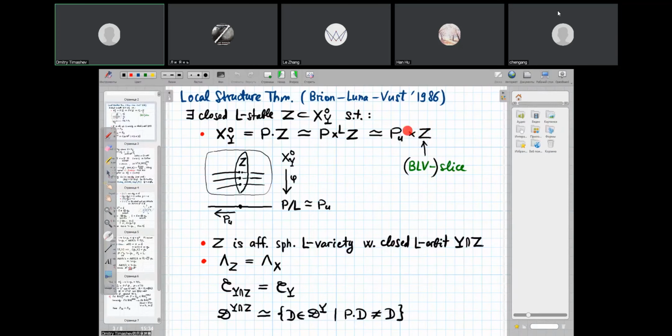And if you have a divisor in here, which is stable under B, B includes PU, then of course this divisor should be of the form PU cross something in here. And the codimension will be preserved, because we take the whole factor here. So any divisor in this product which is B stable is a product of this guy and some divisor in here. So everything stems from this product decomposition.